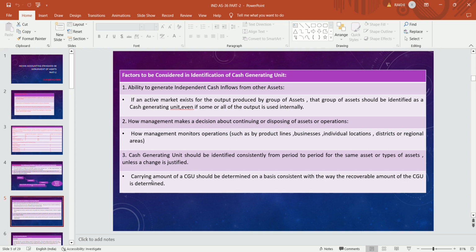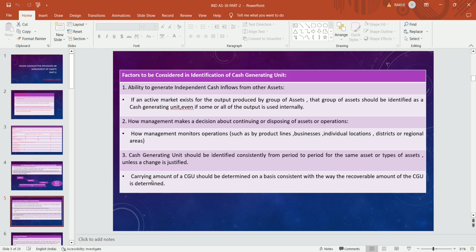And then again, the cash generating unit should be identified consistently from period to period. If the company identifies the cash generating unit, then it should be consistent from one period to another, because there is no such change. They should follow a consistent policy from one period to another for the same asset or type of asset, unless the change is justified. If any change is required which is justified, then only a change is made, otherwise they will follow a consistent policy.